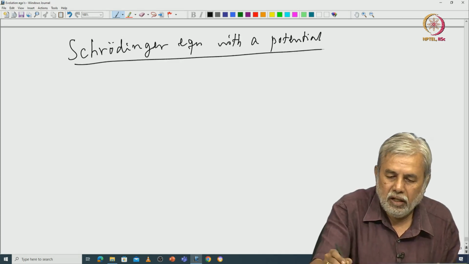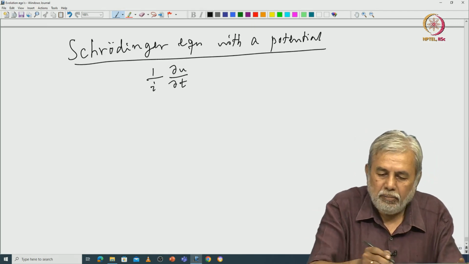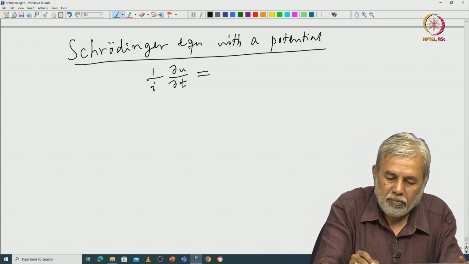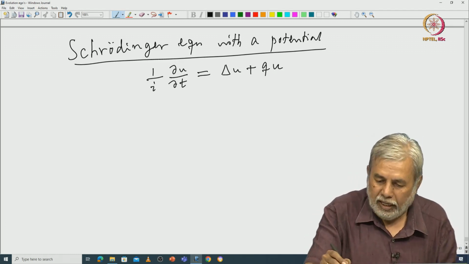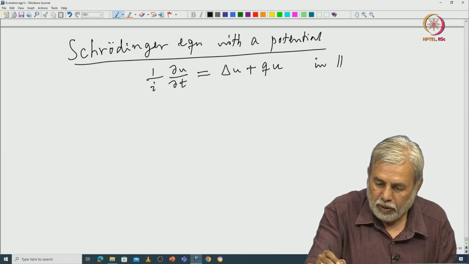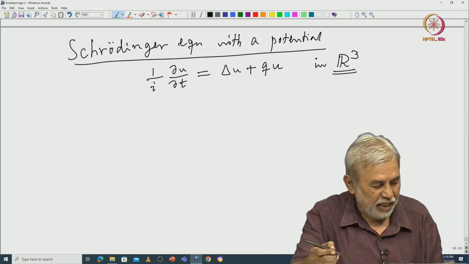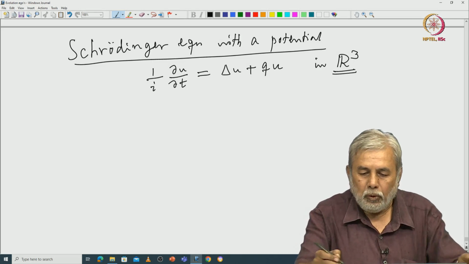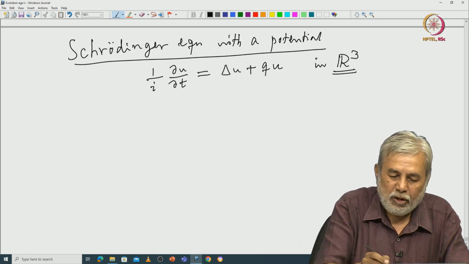Let me use a different symbol for the potential. This is Laplacian u plus q u. I work only with R3, which is the physical space anyhow; in other Rn it is only of mathematical interest.